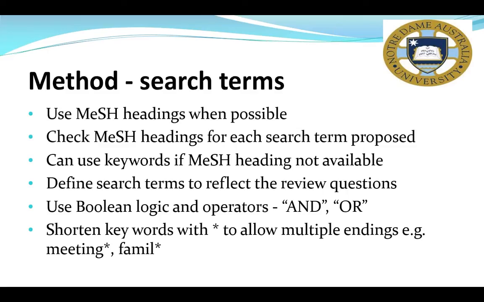I use Boolean logic and the operators and, or, and I'll show an example in the next slide so that some of this makes sense. I shorten keywords with an asterisk so I could have multiple endings. So family could be families or familial, not just family as a singular word. And meetings, of course, meeting singular or plural. If you put an asterisk, it allows for that to happen.